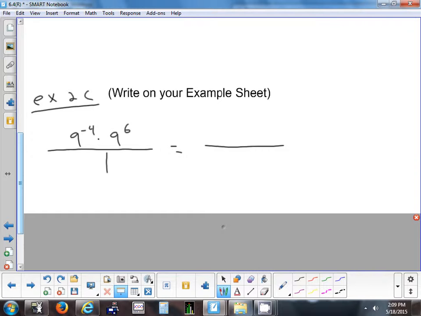As I go through systematically, if I have negative exponents, I'm going to move them. If they're positive, they'll stay on the top. Anything we write in math, we can put over 1, any whole number, any variable. So the first thing I've got is 9 to the -4th.